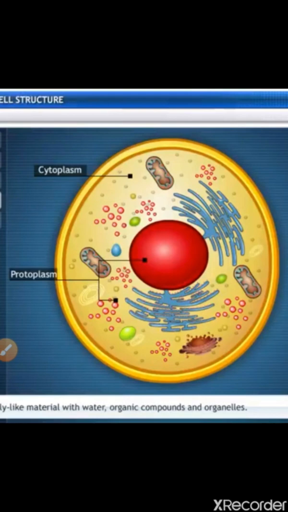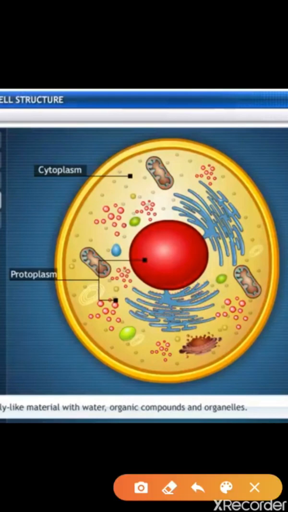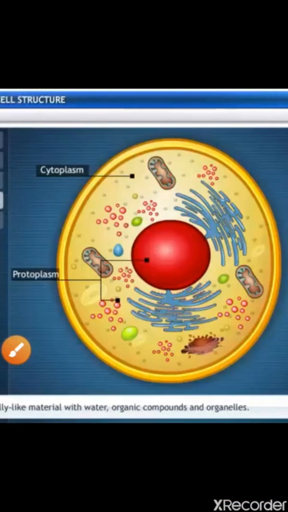Just like here we can see these are the proteins, these are the mitochondria, these are the endoplasmic reticulum, this is the Golgi body, ribosomes are there. Every cell organelle is embedded in the cytoplasm.